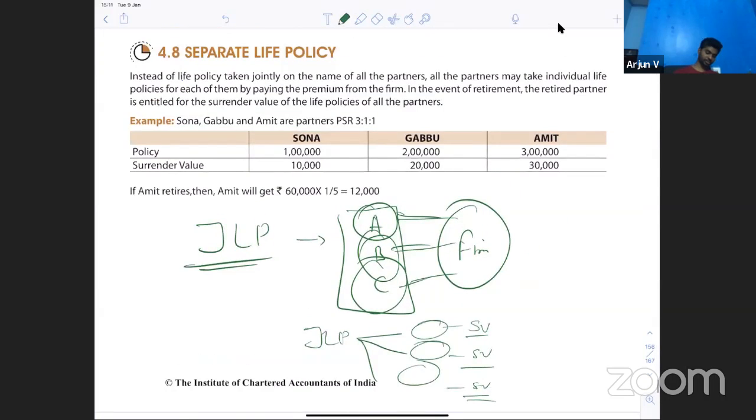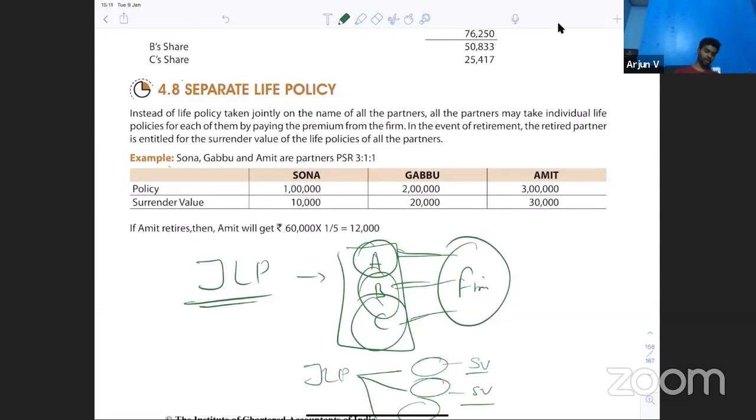So see in this question, Sona, Gabbu and Amit are partners. Amit retires. So when Amit is retiring, only he gets his share. The other two guys will continue to hold it. Are you guys clear with this?